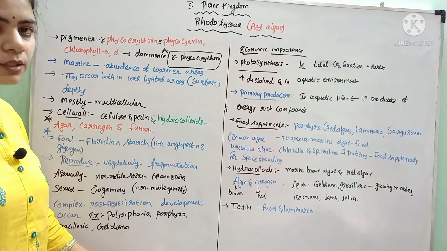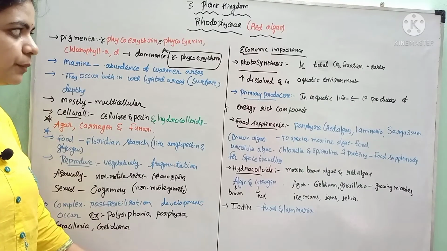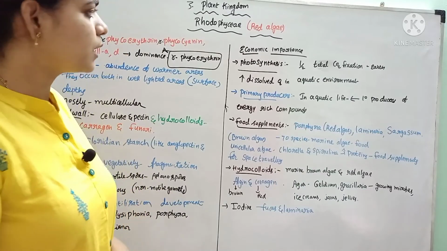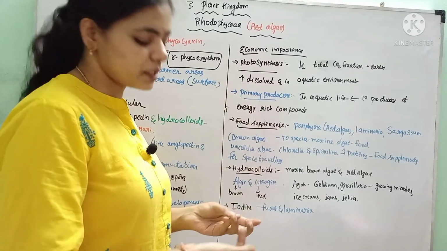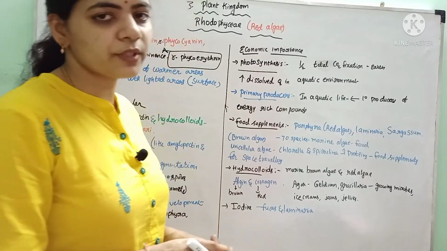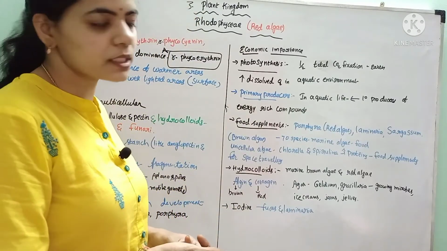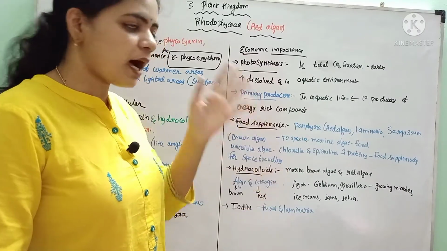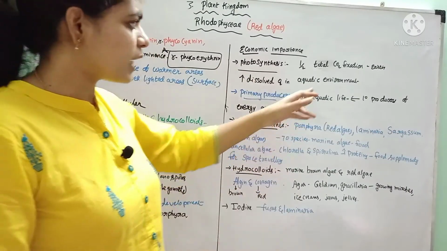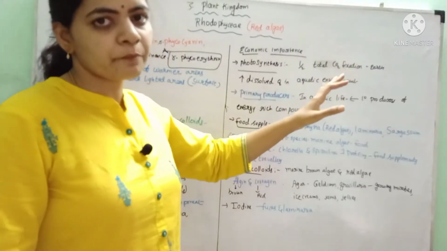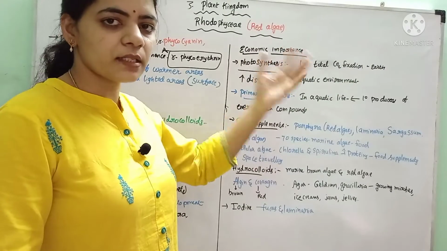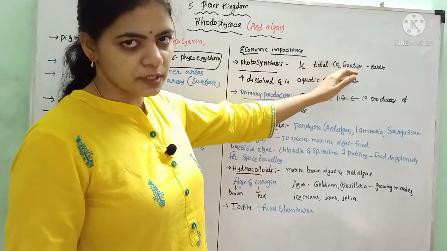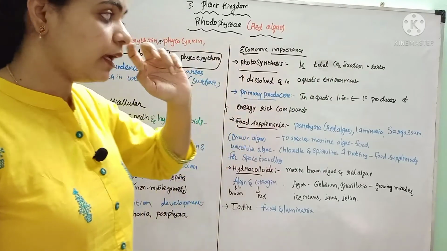With this, the three classes of the algae are completed, and now we'll see the economic importance of the algae, how they are used. The first important importance of these algae is that they perform photosynthesis. Because of this, half of the carbon dioxide fixation on Earth is done by these algae. Plants perform the other half.